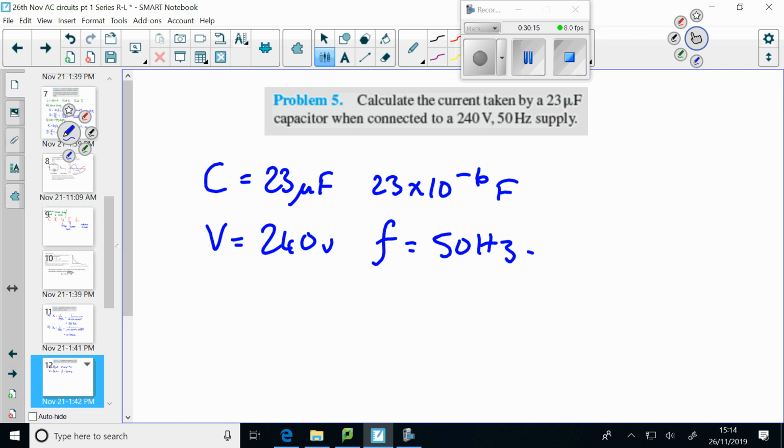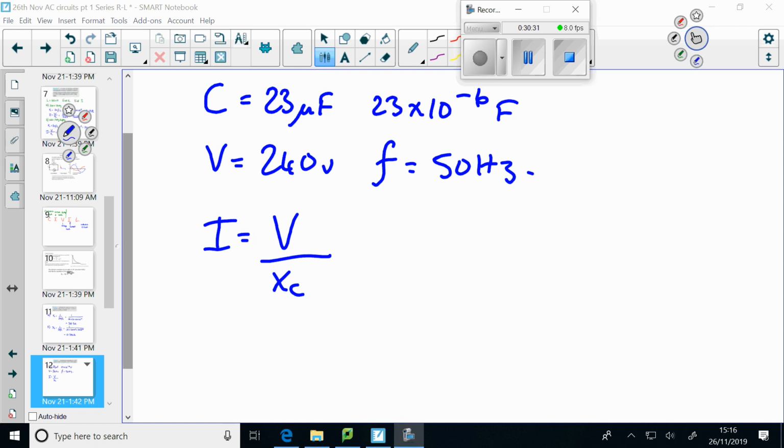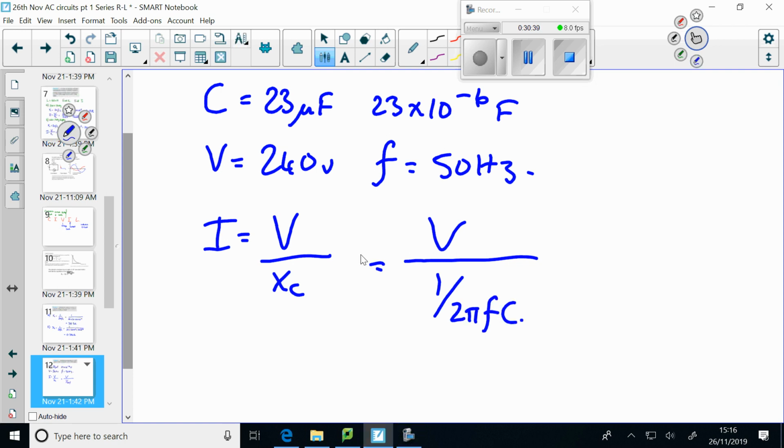but equally we can do it all. We can say I is V over XC, because we can say that's equal to the voltage we've been given divided by 1 over 2 pi FC. We can do the calculation all in one go.